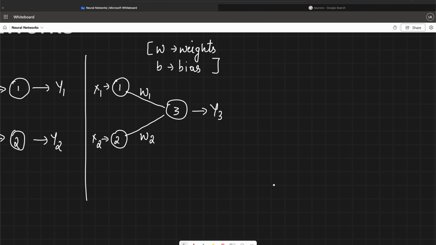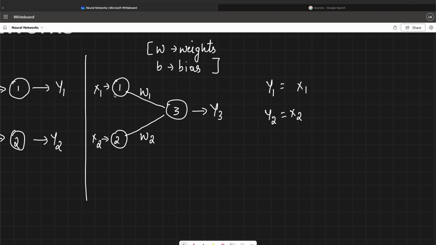Let me just move over. So what do we know now? What's the output of the first neuron? The first neuron, let us assume it's still y1. It's going to be just x1 for now, and y2 is also going to be just x2. Cool. Then what is the input for the third neuron over here?